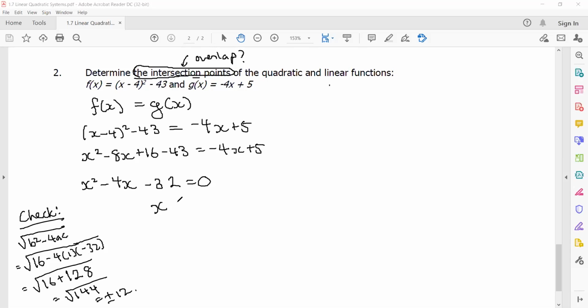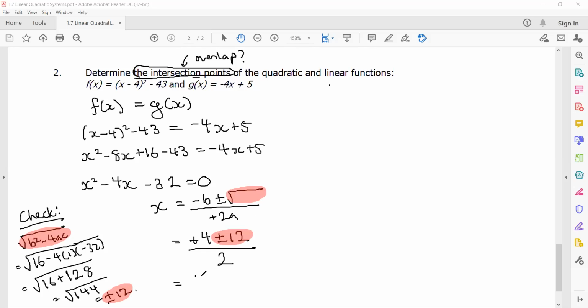Great. So I know that this is going to work. Negative b plus minus the discriminant portion over 2a. Negative 4 plus minus 12 over 2 times a, which is 2. If you're not quite sure what just happened, I solved the discriminant already. It's a plus minus 12. So instead of writing the entire discriminant again, I'm just going to replace it with the plus minus 12.